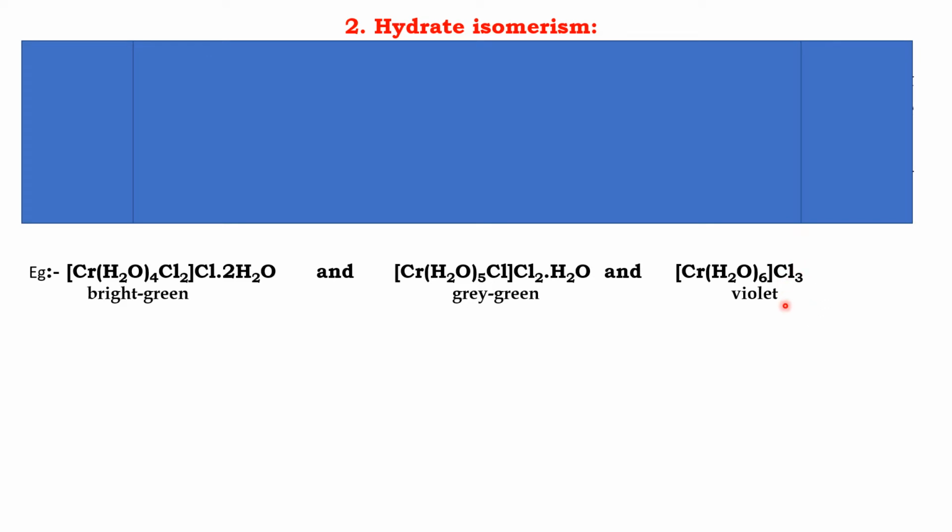That means in these three molecules the molecular formula is the same: 1 chromium, 6 water molecules and 3 Cl. But the migration of water molecules occurs from the coordination sphere to the ionization sphere and from the ionization sphere to the coordination sphere.